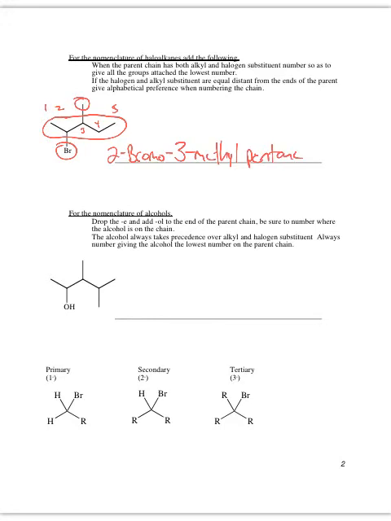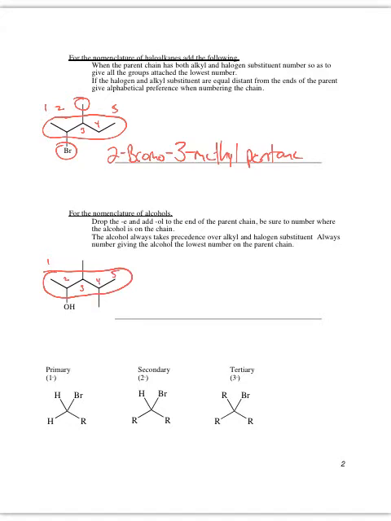pentane. And the next one, if we have an alcohol, we drop the E and add OL because it's an alcohol. Alcohols end in OL. So here we figure out the longest carbon chain. It's these 5: 1, 2, 3, 4, 5.